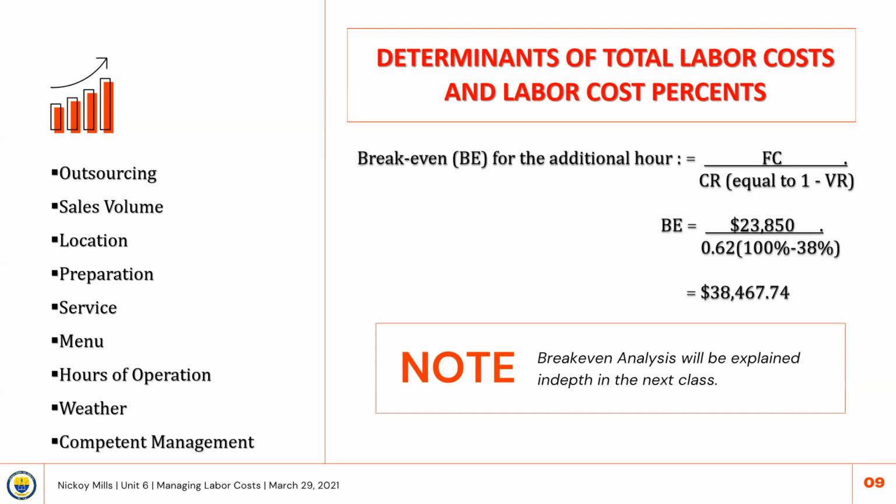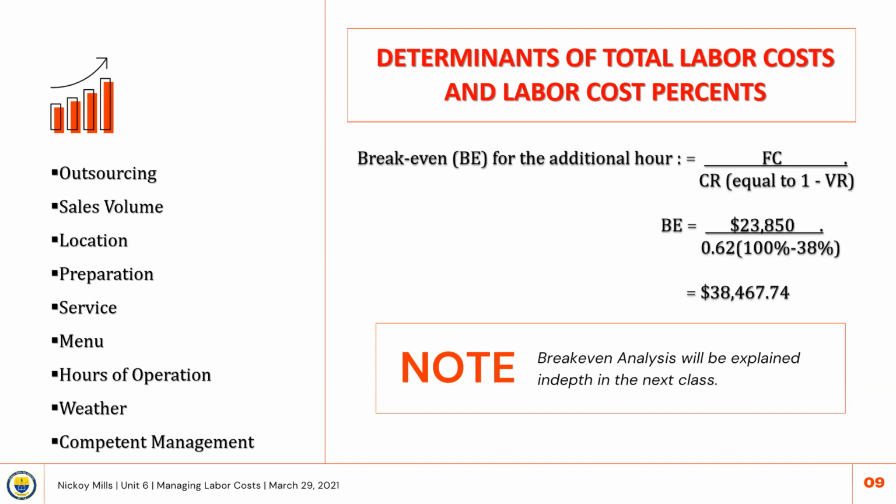So let us look at an example. And so we come now to the break-even calculation that you see on the screen. Assume that a restaurant is trying to determine whether to extend dinner hours from 9 p.m. to 10 p.m. Additional wages for that hour would be $22,200. Heat and light are estimated at $1,650.